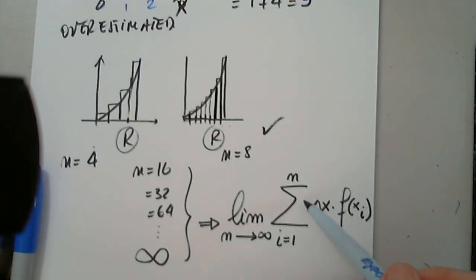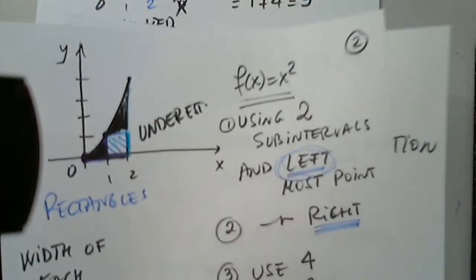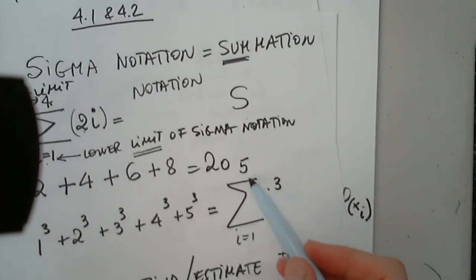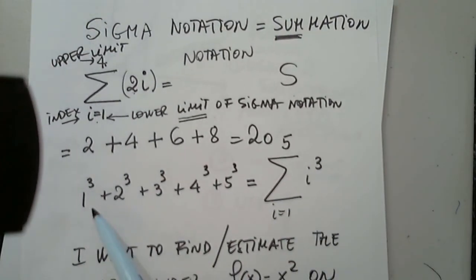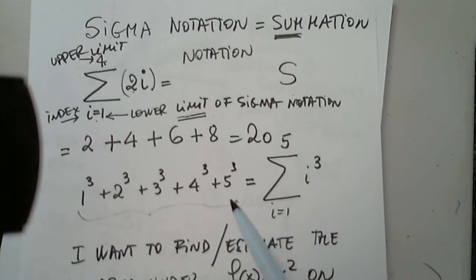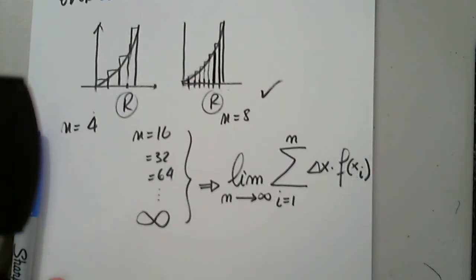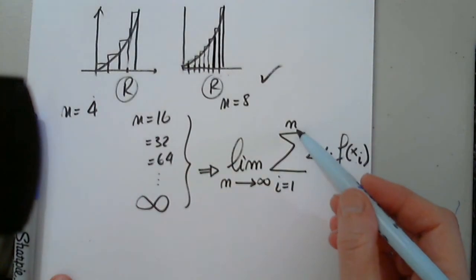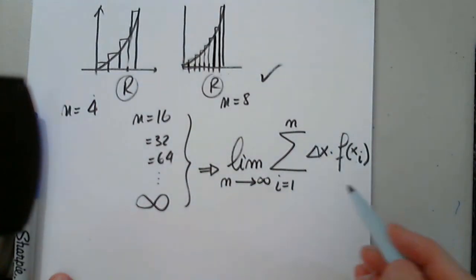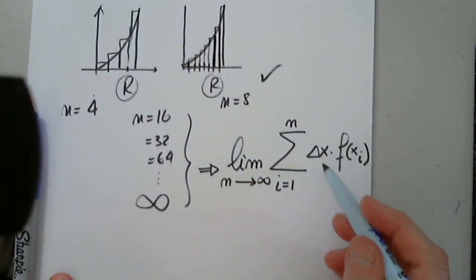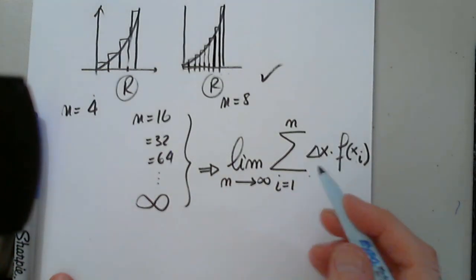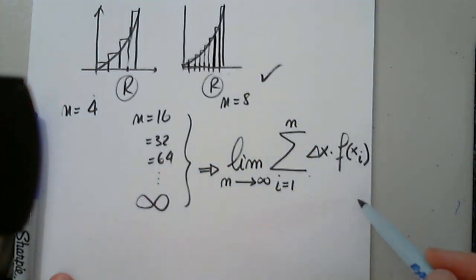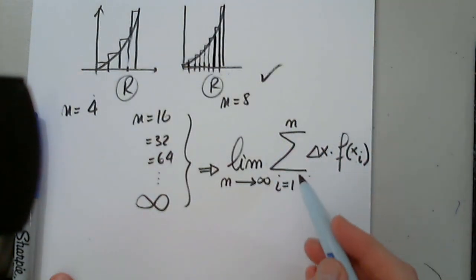But that's the sigma notation, and that's why I wanted you to understand that this is basically a condensed way of presenting a sum. I cannot even write it, this is n, I would have to write it indefinitely: delta x times f of x1 plus delta x times f of x2 plus, and so on. We are writing it condensed using the summation notation.